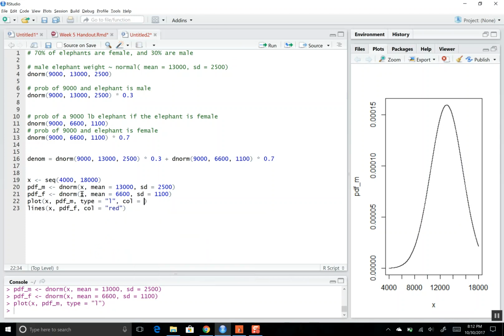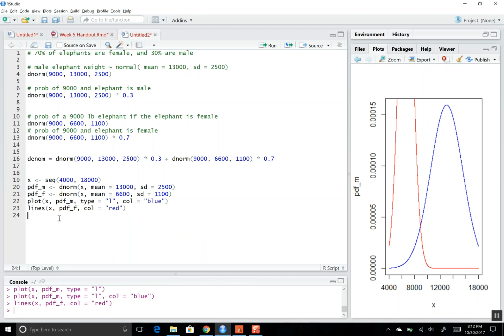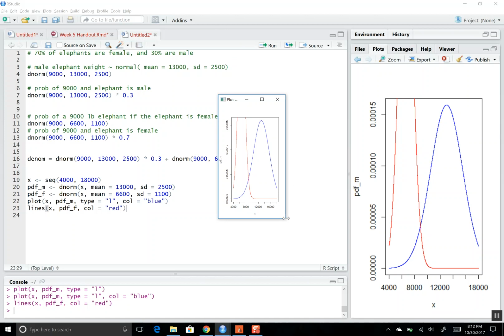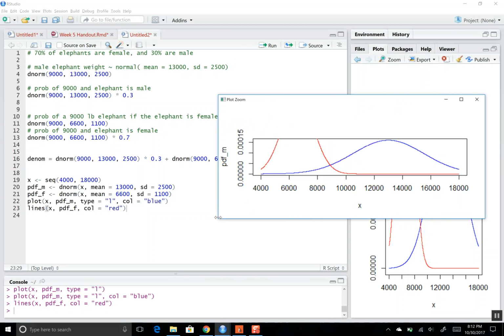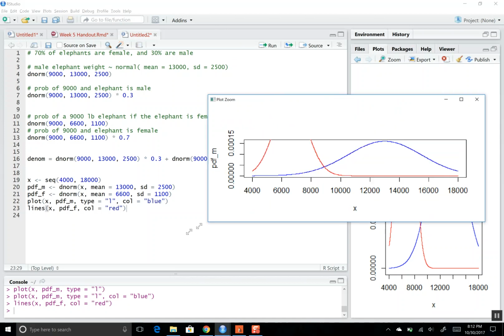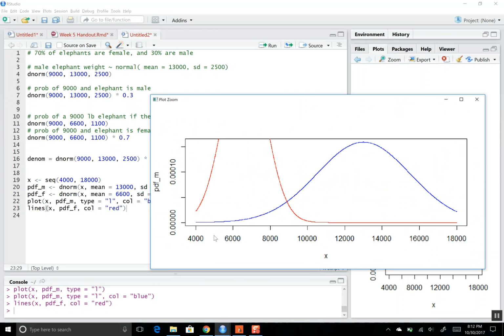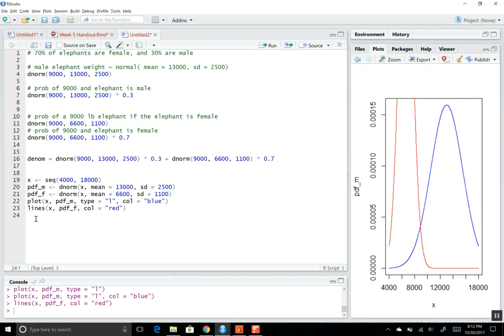Okay, color equals blue. Okay. Let's do abline b equals 9,000.